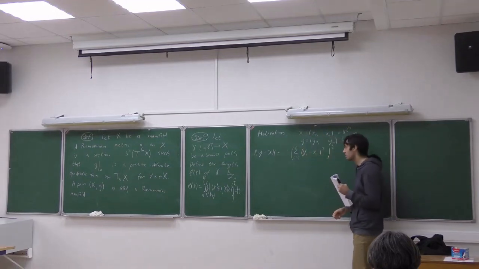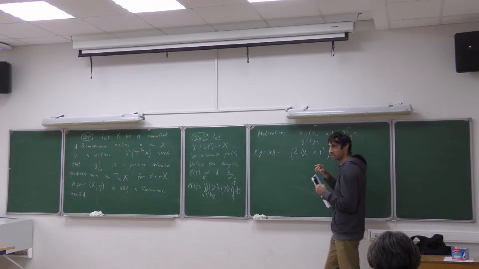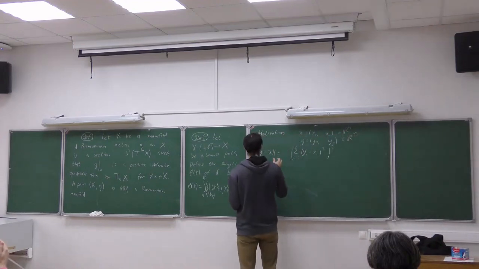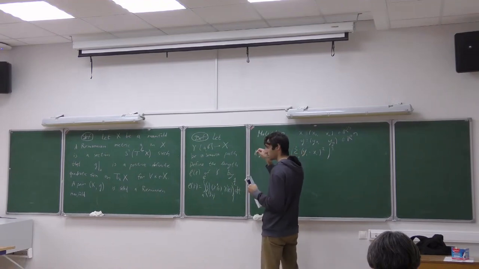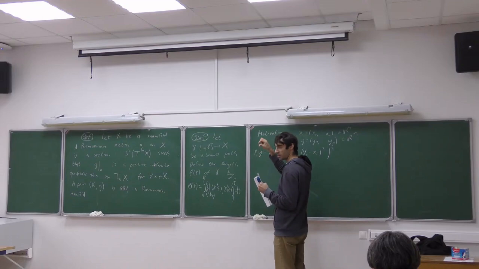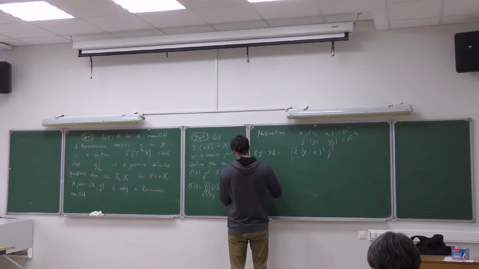So this is just the usual Euclidean distance, the length of the straight path between y and x. And then you can consider any path to be approximated by piecewise straight curves.